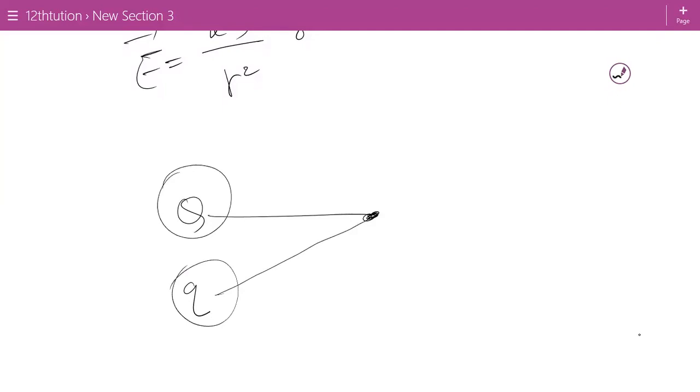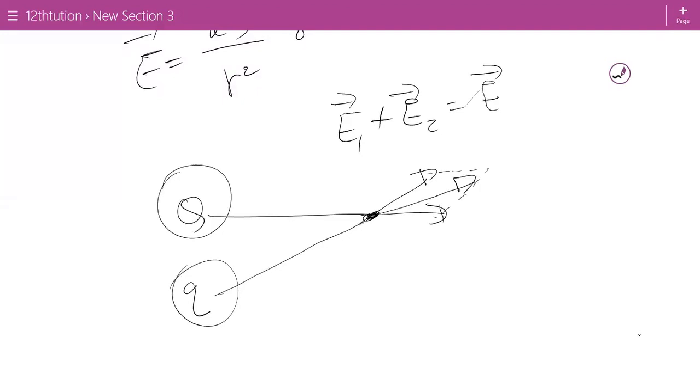E1 vector plus E2 vector. Here the electric field will be this, electric field will be this. Then you can find out the resultant. This will be the total electric field.